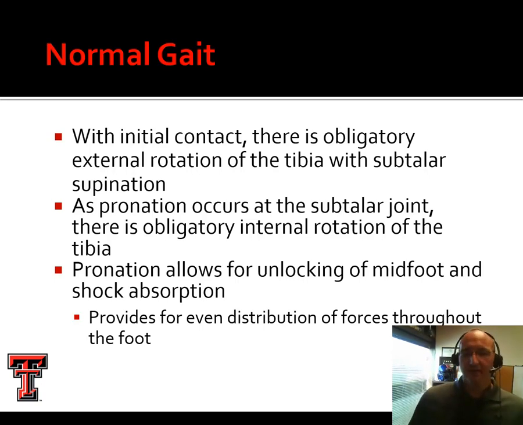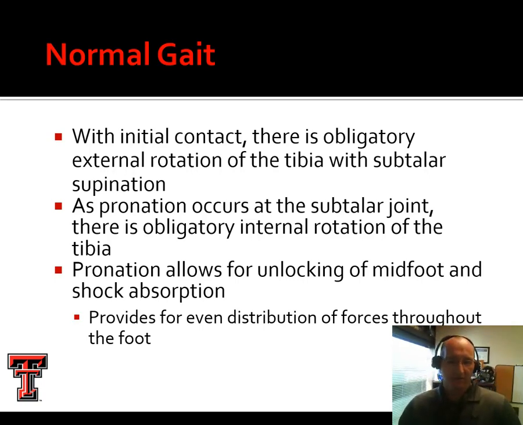Okay, we also know that the lower extremity moves as a unit. It's not just the foot that's involved. So at initial contact, the tibia actually externally rotates slightly, and the subtalar joint supinates. And that's what's going to allow the foot to engage that running surface or walking surface.